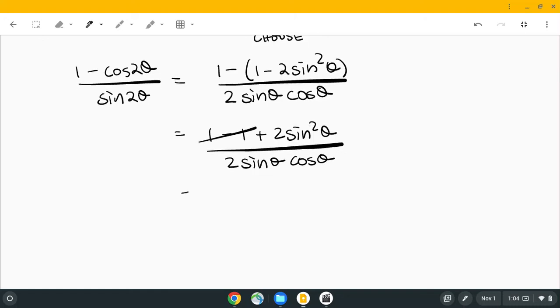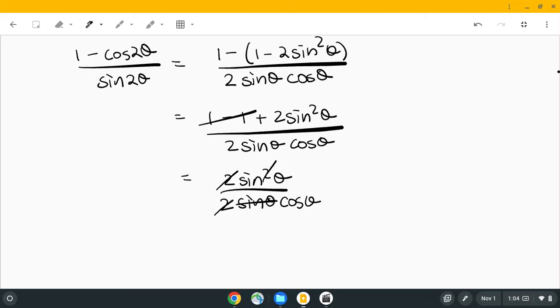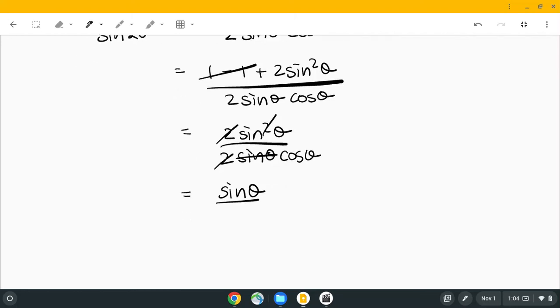This is looking good. 2 sine squared theta over 2 sine theta cosine theta, and the 2's cancel. And one of these sines cancels with all of that. Oh, and there we go. We have sine theta in the numerator, cosine theta in the denominator, and we know that that is tangent theta.